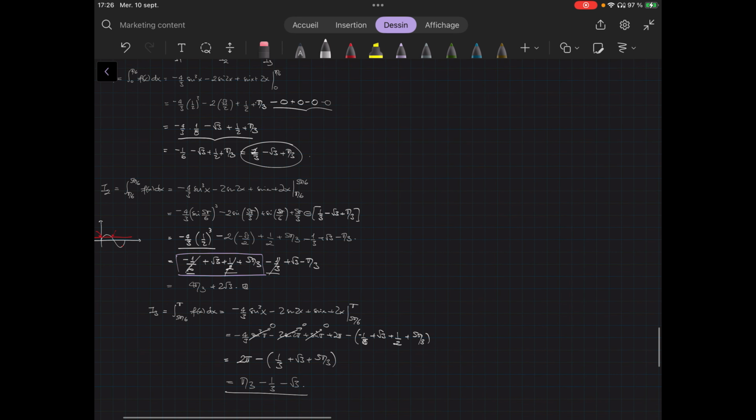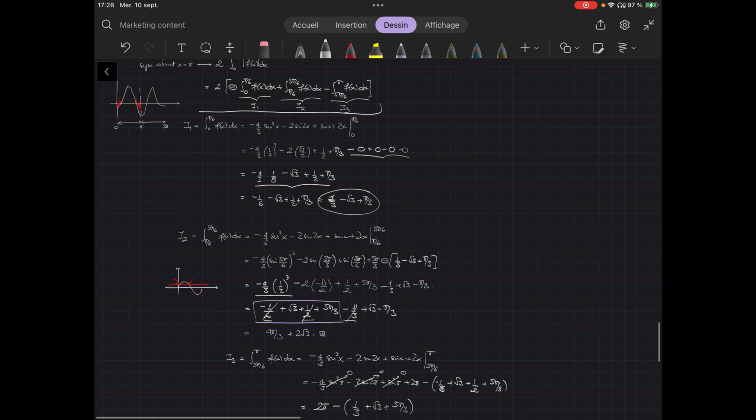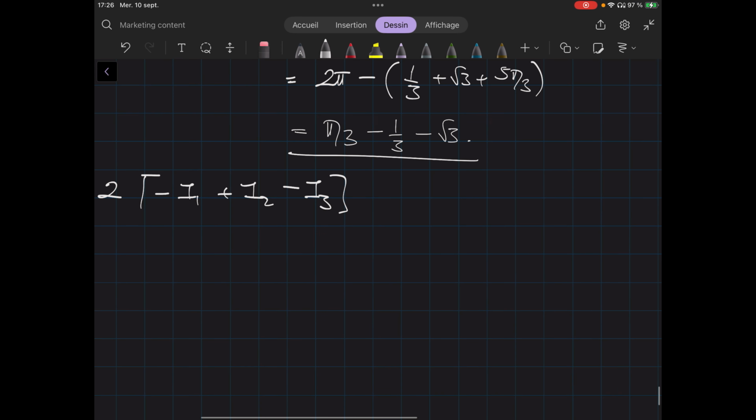Now let's put it all together into our expression up here. So our area is 2 times negative I1 plus I2 minus I3.